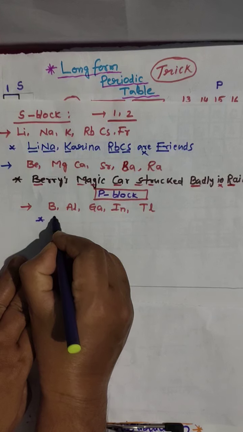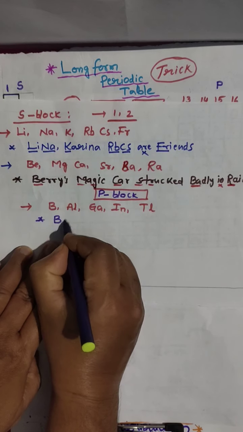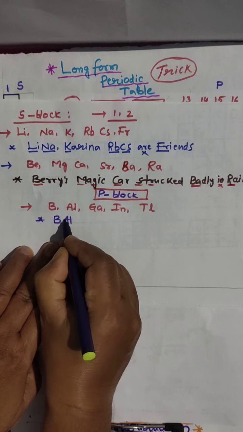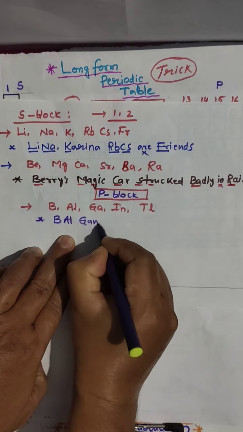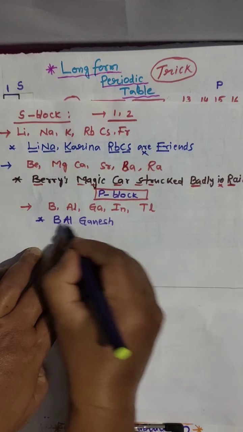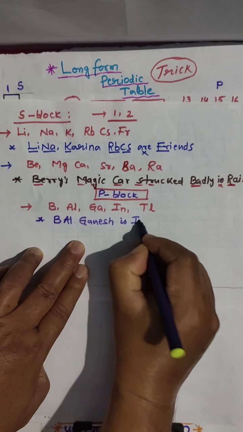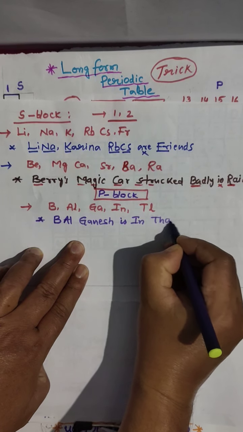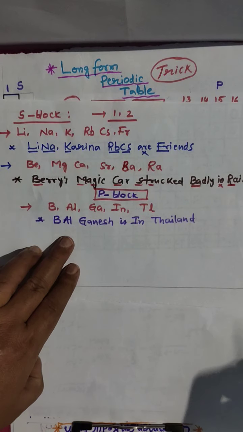You start with B, and Al, with capitals, then it is easy.